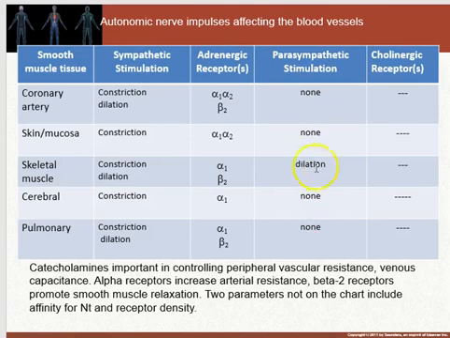That really only exists in a special case within the skeletal muscle, but understand that the majority of vasoconstriction and vasodilation is through sympathetic nerve stimulation. So this is through norepinephrine or epinephrine hitting either alpha 1, in some cases alpha 2, and beta 2 receptors.